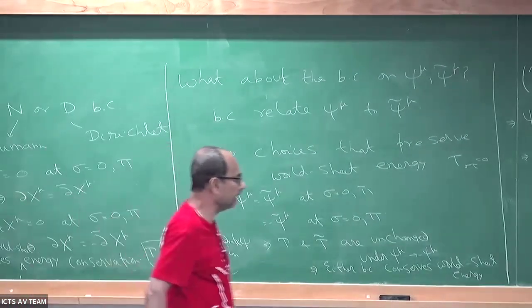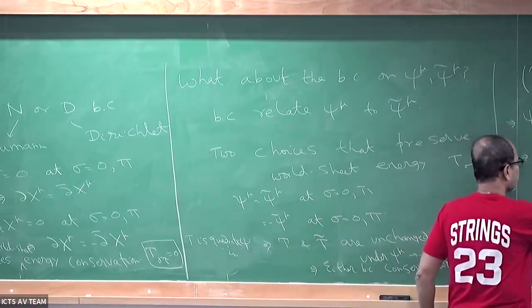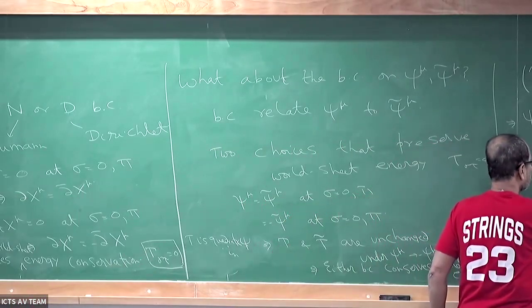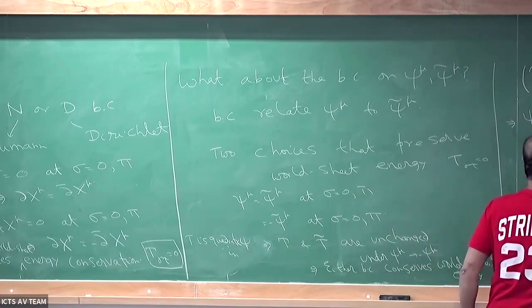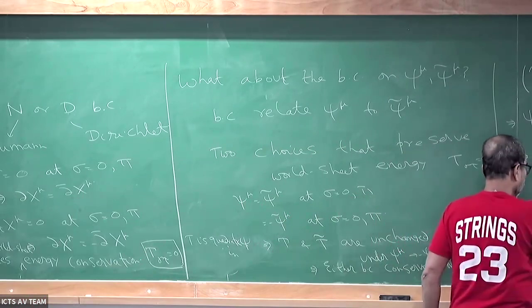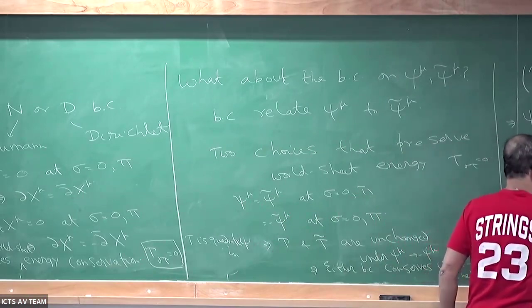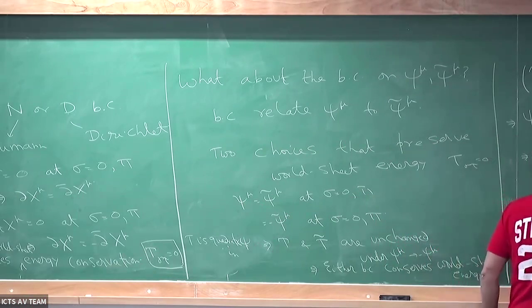So psi equal to psi tilde for Neumann and psi equal to minus psi tilde for Dirichlet, at sigma equal to 0 and pi.